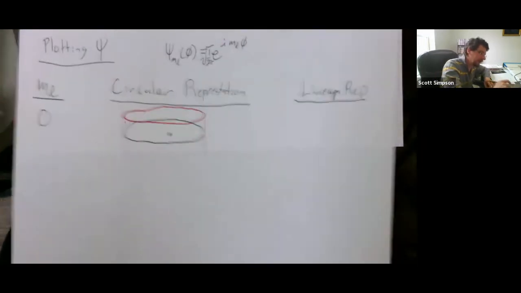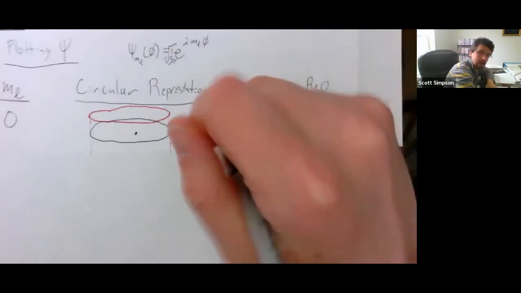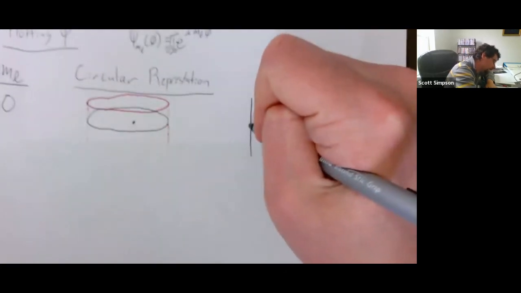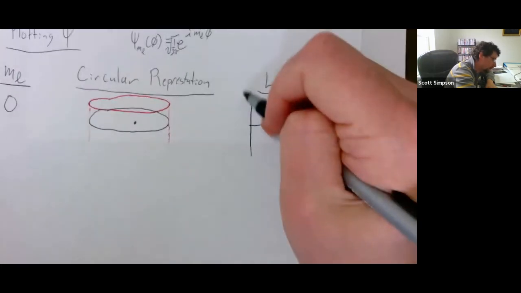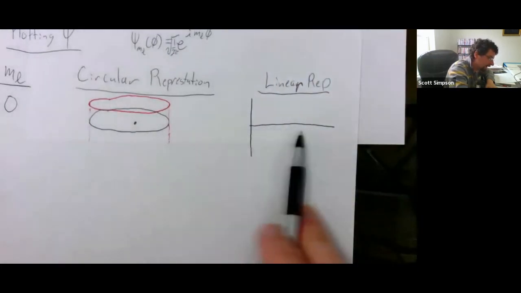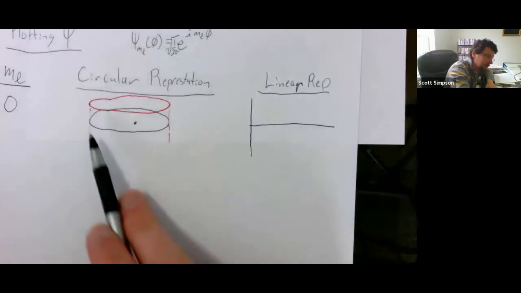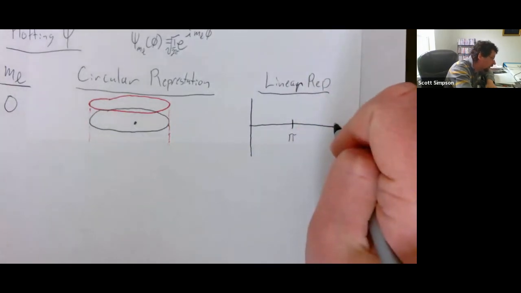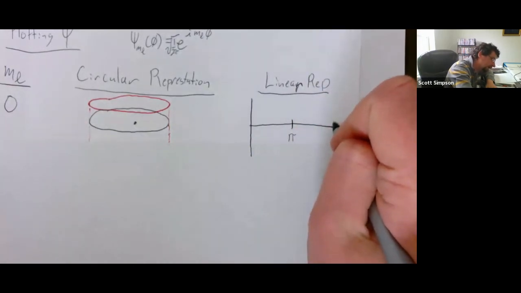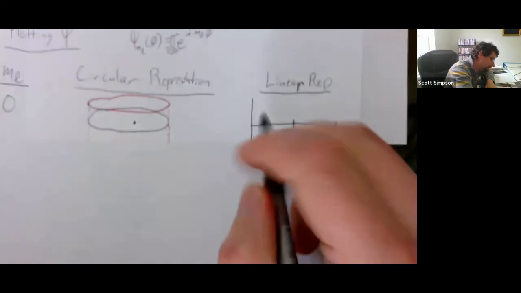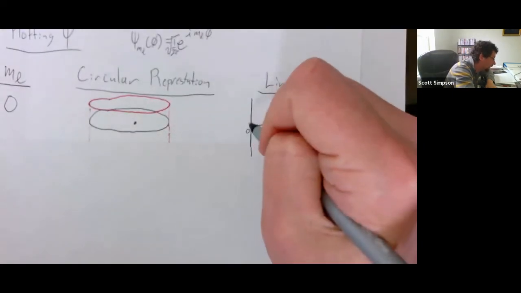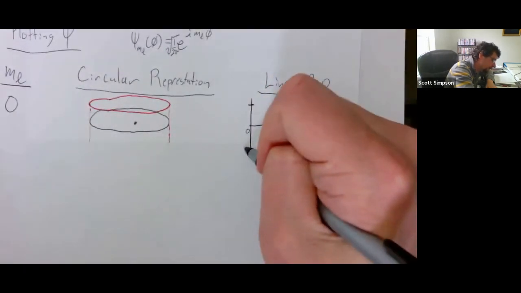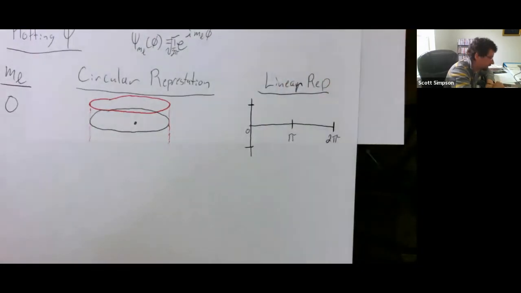Let's try to plot that out. Sorry, I've got to move this over a little bit. We have our y-axis and our x-axis, and we're actually traveling along that circle. So we're going to have a couple of points. We're going to have pi, and where's our plot going to end? 2 pi. Yeah, 2 pi. And we start at 0. What's the maximum value that we're going to have? And what's the minimum value you think we're going to have?